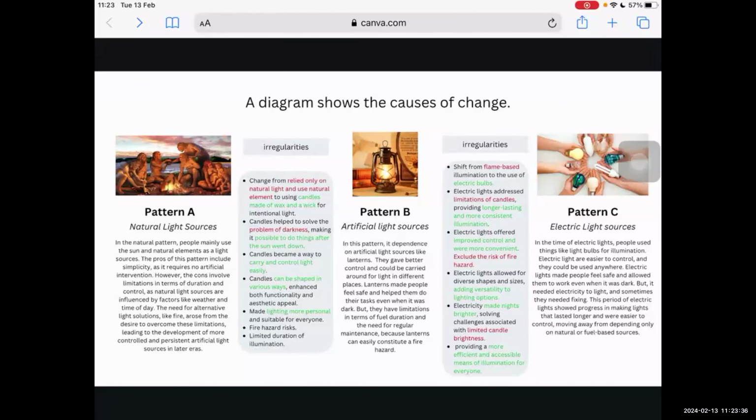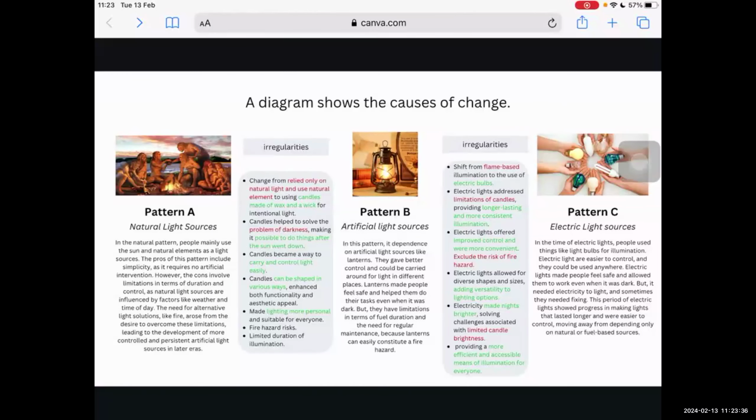So to make that more efficient and more convenient, we create pattern B, artificial light sources. In this pattern we use a lot of candles, and we change from wood fuel to oil and wax as the fuel of the flame. In pattern A and pattern B, because we mainly use flame, there is a risk of fire hazard.